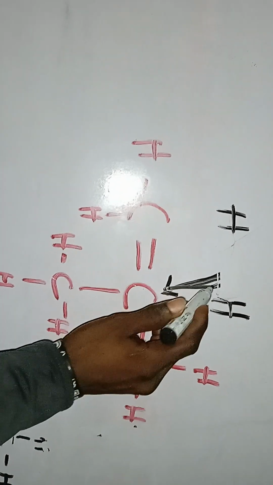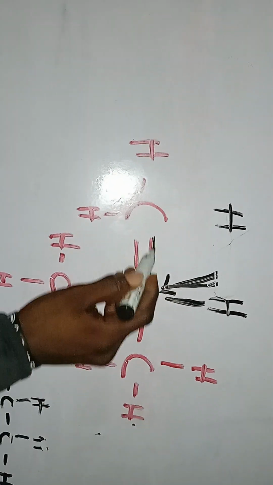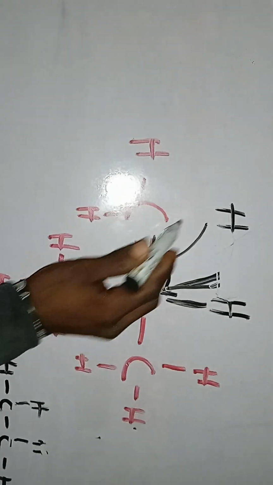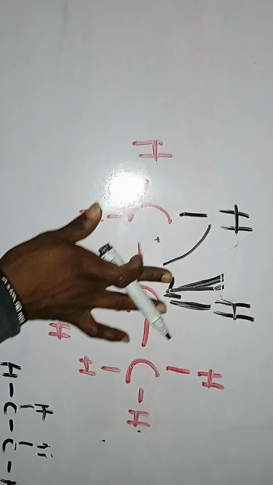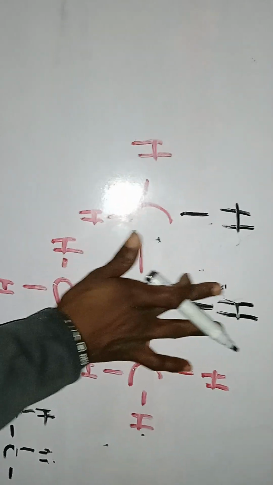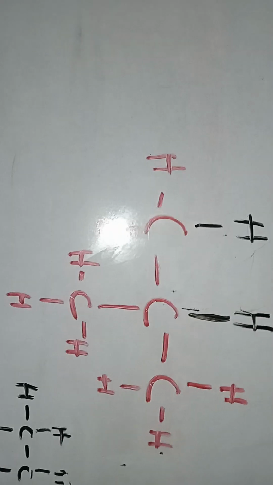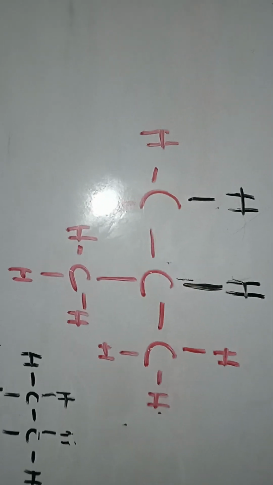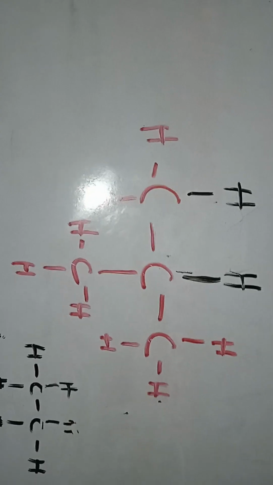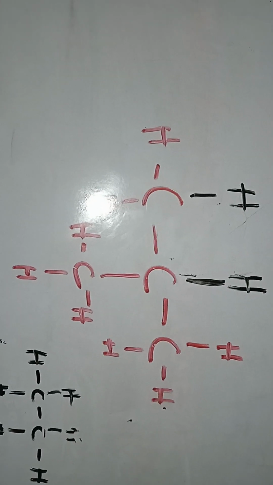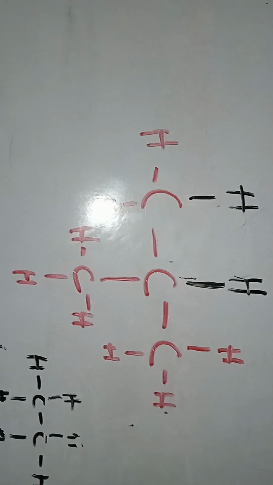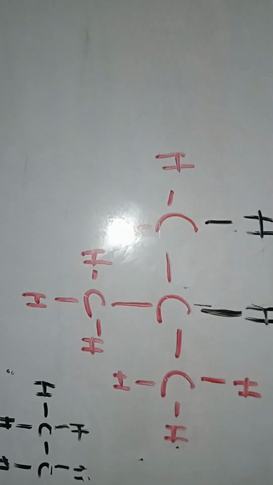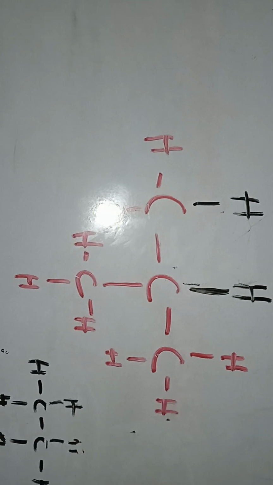Now this particular bond here will be broken, and it will go here. So when you check it, you see that you've been able to take this from an alkene to an alkane. So this is now propane and no longer propene.